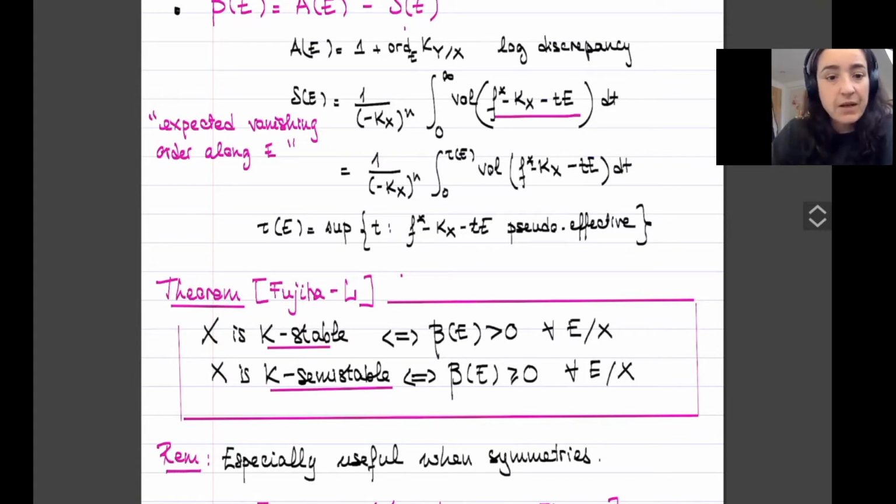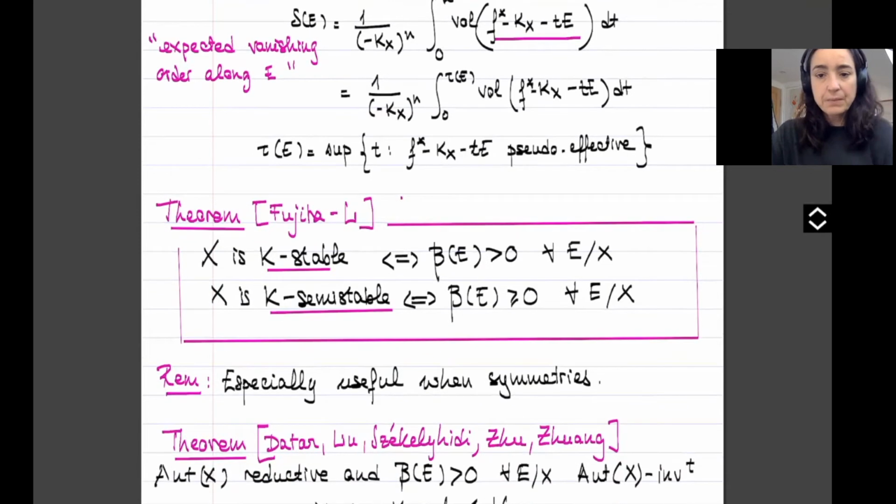Okay, so one of the reasons why this recasting in terms of the beta invariant is very useful. I should say as well that there are some other invariants that are related to valuations. I've chosen to just define the beta invariant here, but there are some other invariants and some other criteria, such as the delta invariants, that are used in particular by Abban, Zhuang and others.